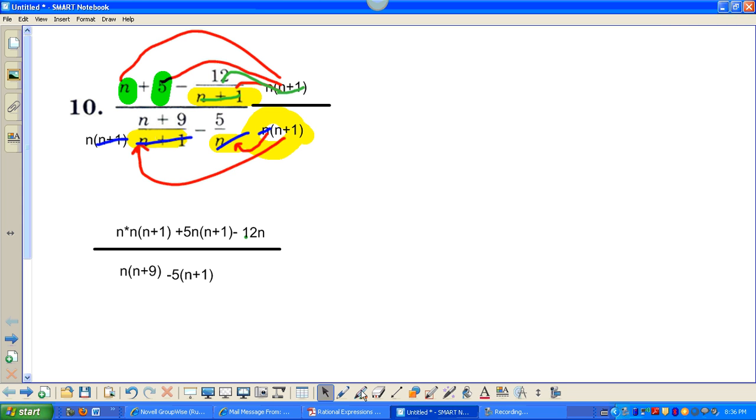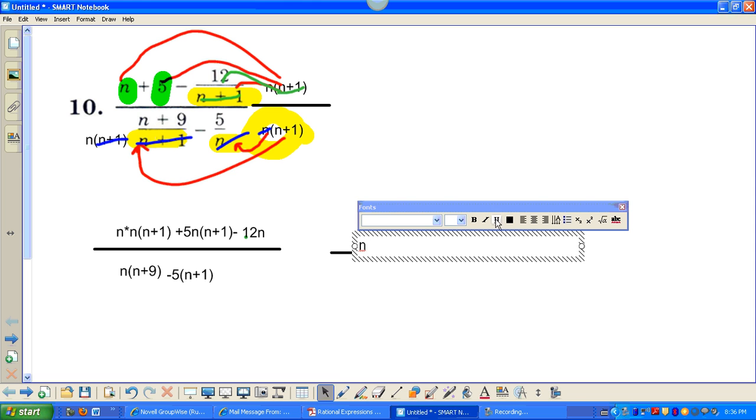So let's do the main numerator. What you're going to be left with is n squared, I'm going to do this in parts, n squared times n plus 1. Then when I distribute the 5n, it'll be plus 5n squared plus 5n minus 12n.